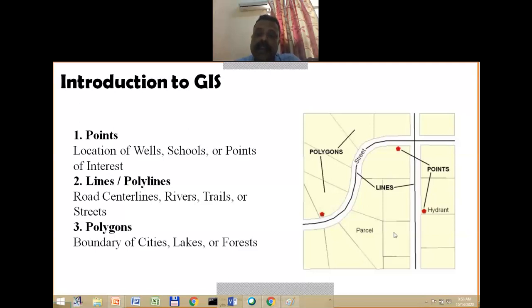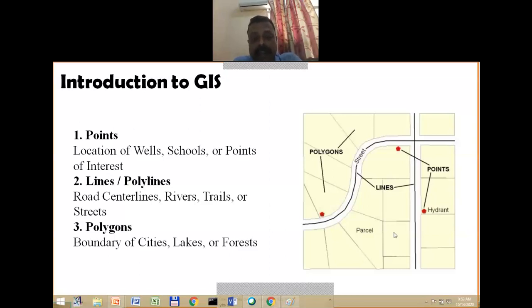So what information can the line store? If the point can store information of location, the line can store the information of length. You want to know the distance from your home up to the university. So you draw a line and then you calculate how long the line is.